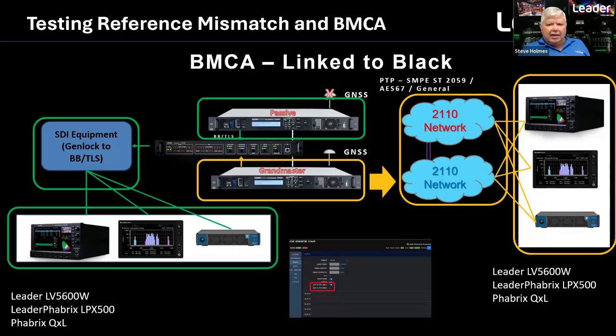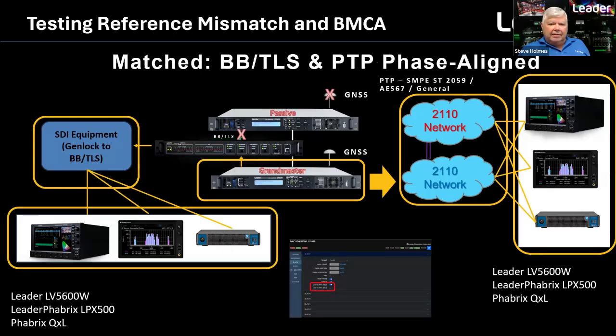What we would like is to set up so that we cause a condition that will make the ECO switch, but do an electronic switch so the baseband signals don't see it, so that we force the ECO to switch so that everything now becomes working off of the grandmaster, what is the PTP grandmaster.